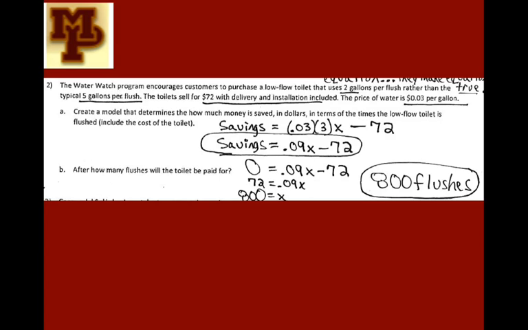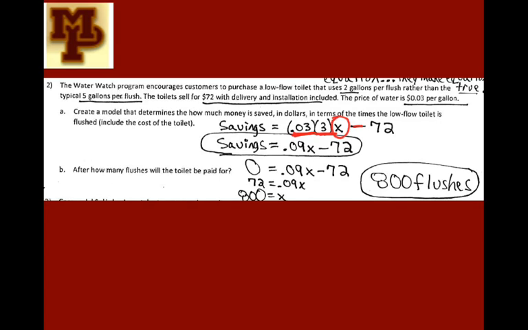Okay, this one's a pretty challenging word problem, so you're supposed to come up with the savings. There's a difference between the 2-gallon low flow toilet and the 5-gallon, so that's a 3-gallon savings each time they flush. It's 3 cents per gallon, so that's how much they're going to save. They're going to save 3 gallons times 3 cents, and then times however many times they flush.